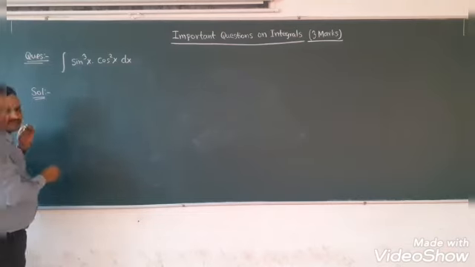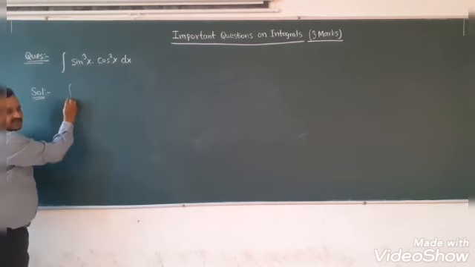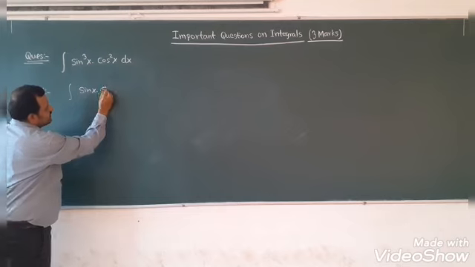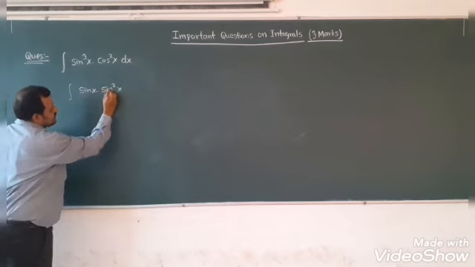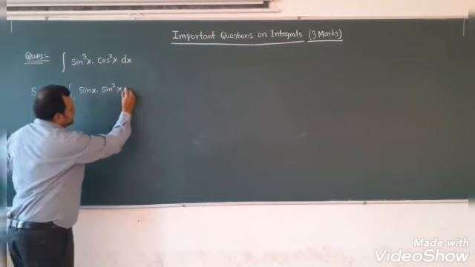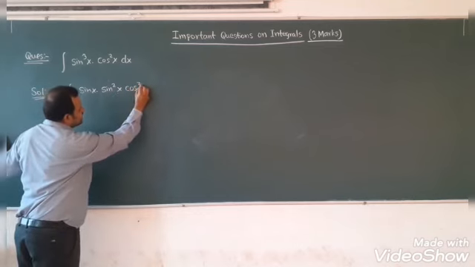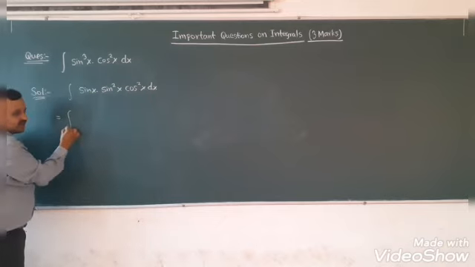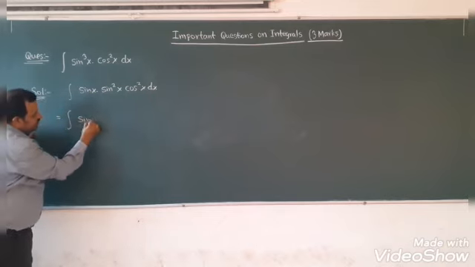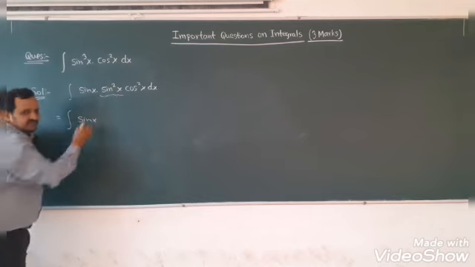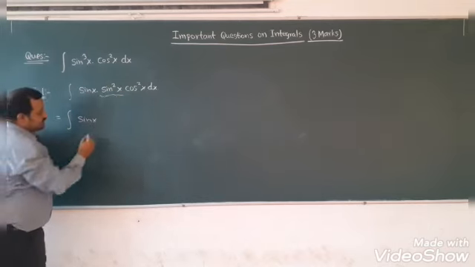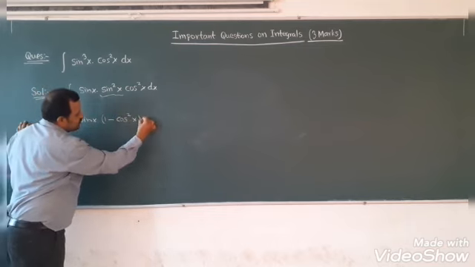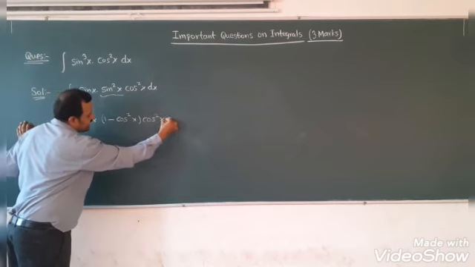So what I can do here is this sin cube x can be written as sin x into sin square x, and this we can write as cos square x dx. Or this we can write as integral of sin x into, now this sin square x can be written in terms of cos square x as 1 minus cos square x, into cos square x dx.